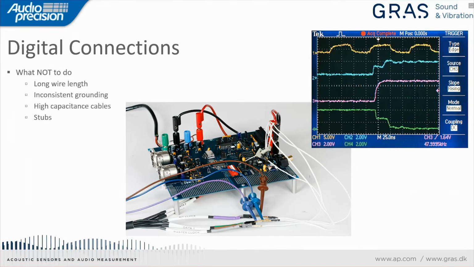So let's talk about some very common problems with the physical connections. These serial data interfaces are circuit board level interfaces. On a finished device, I²S is typically not going to run more than inches between two devices.